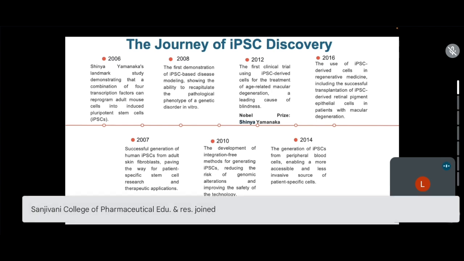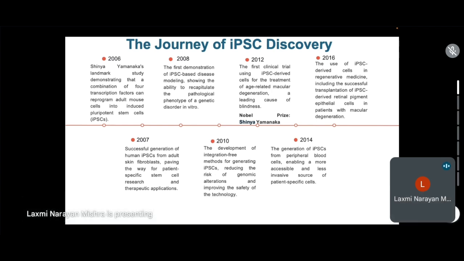In 2012, there was the first clinical trial using iPSC-derived cells for the treatment of age-related macular degeneration, a leading cause of blindness. And in 2012 only, Yamanaka got the Nobel Prize. In 2014, generation of iPSCs from peripheral blood cells, which is very easy to get, not from skin now. Now we can get them from the blood, and that enabled a more accessible and less invasive source of patient-specific cells.